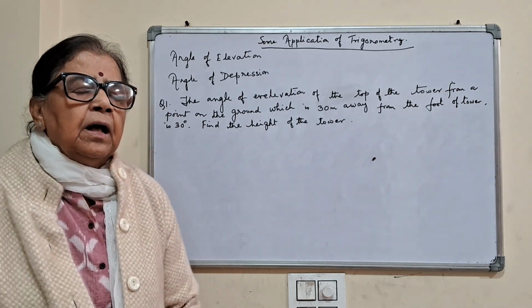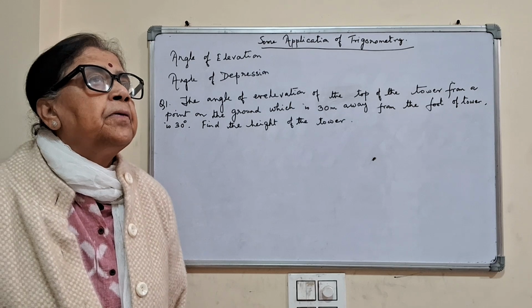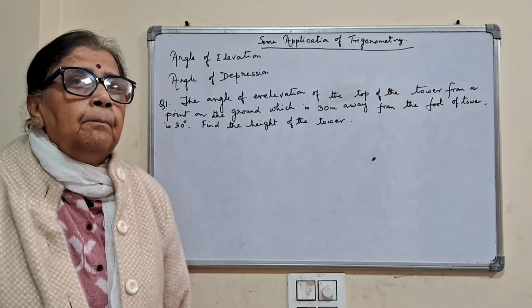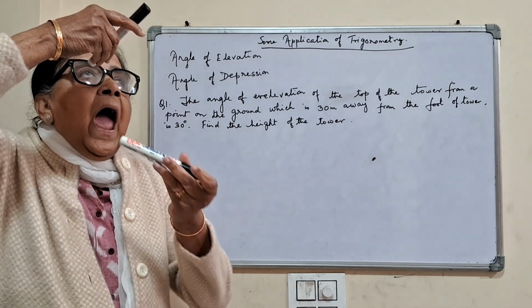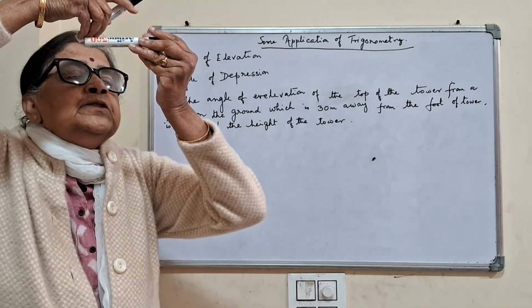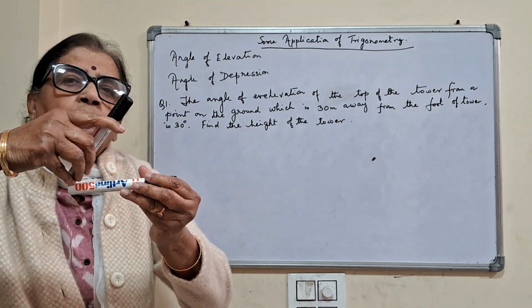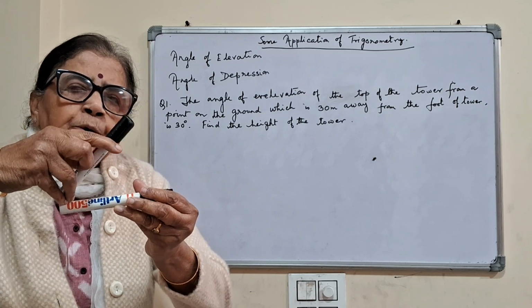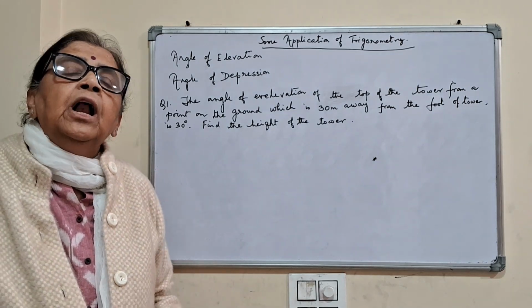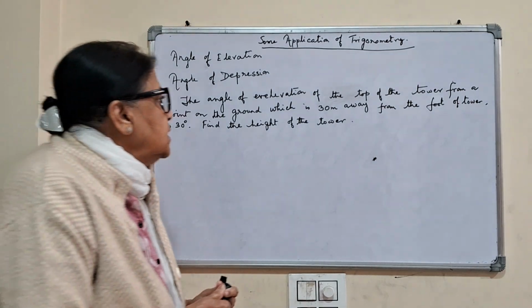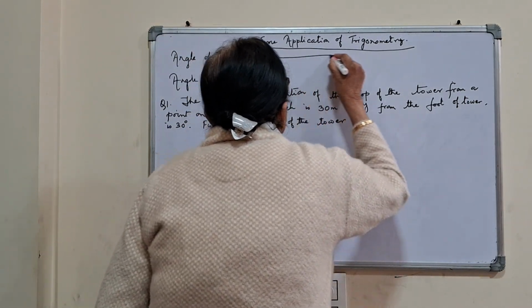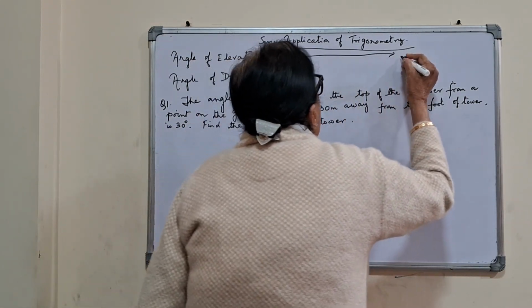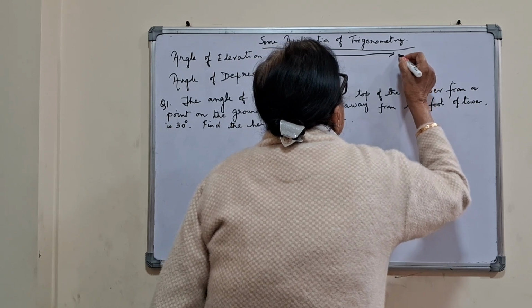Suppose I am looking up. My eye rays are going there, and the angle which is made with the horizon, we call angle of elevation.